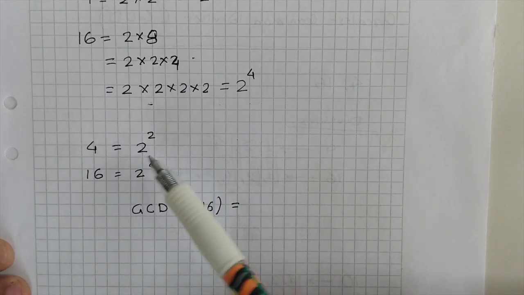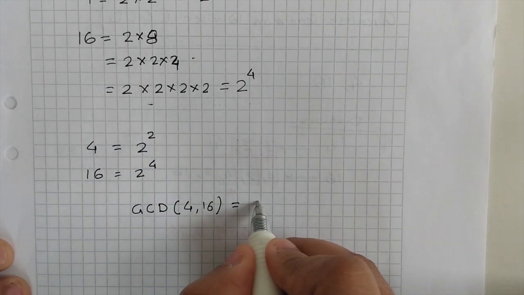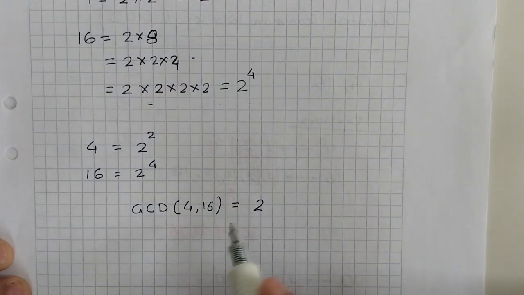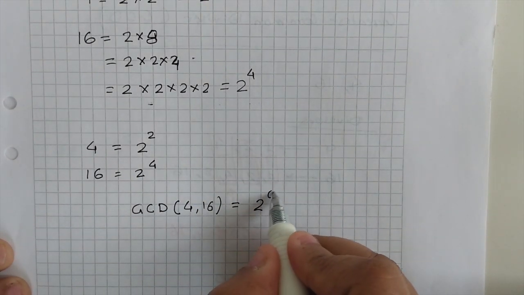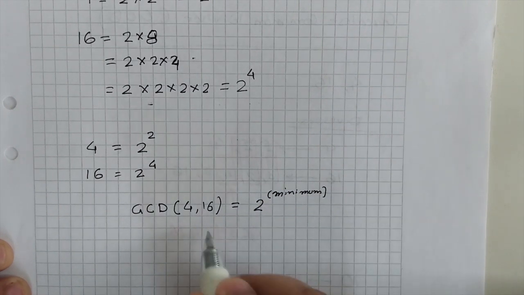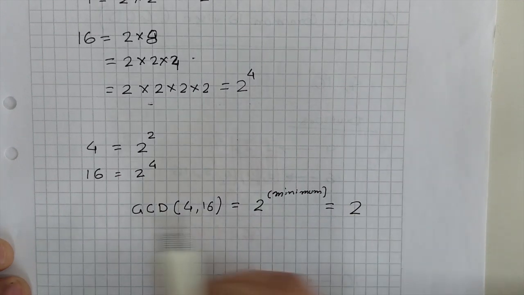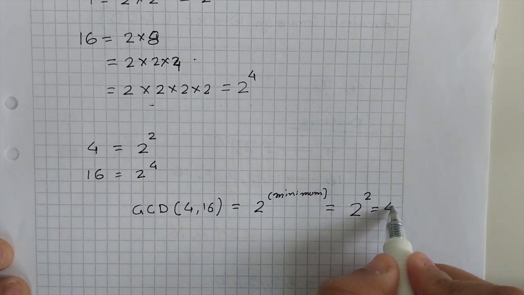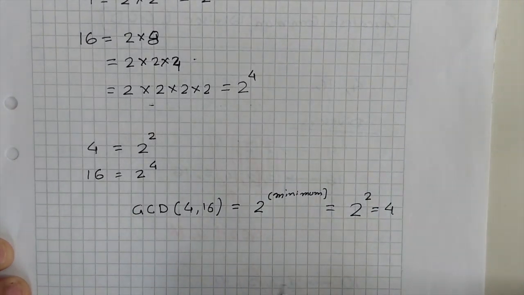The only common prime number is 2, and we check what is the minimum power it has. The minimum one is 2, so we write 2 to the power 2, and the answer is 4. So the GCD of 4 and 16 is 4.